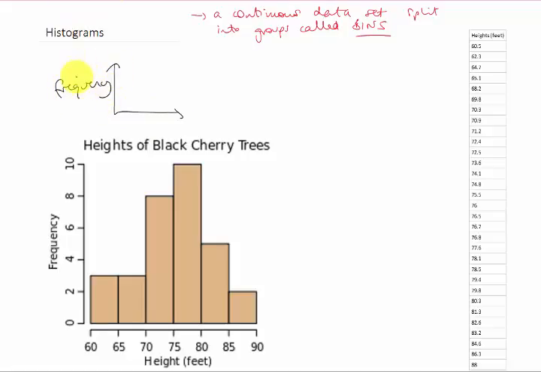The frequency could be either counts, so here we've just got the number of trees, so 1, 2, 3, 4, 5, 6 trees, or sometimes it's the frequency density.